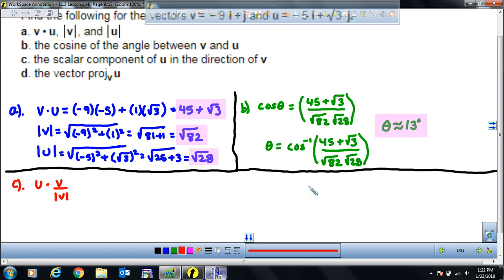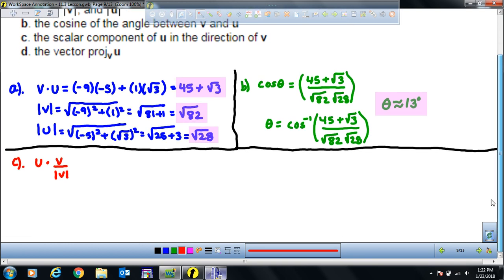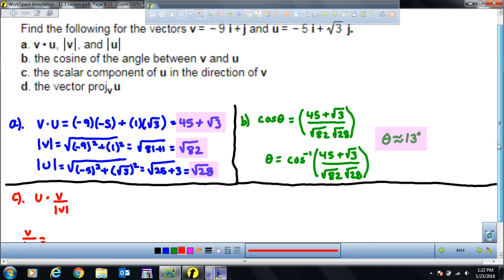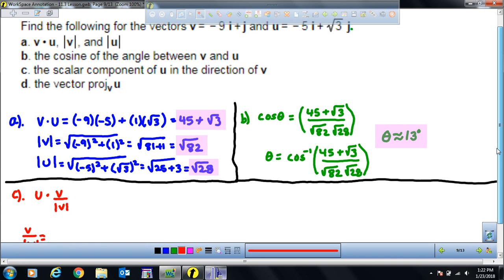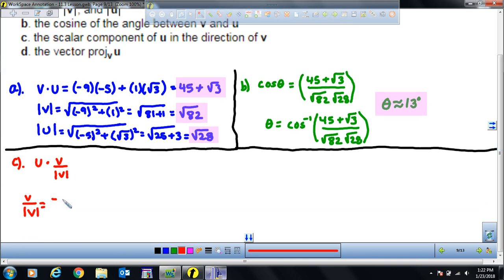So first of all, we need to find v over the magnitude of v. We haven't found that. So v over the magnitude of v is going to be the same as, we already know vector v is equal to negative 9i plus 1j.